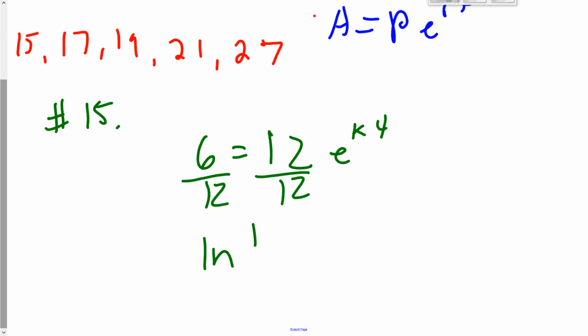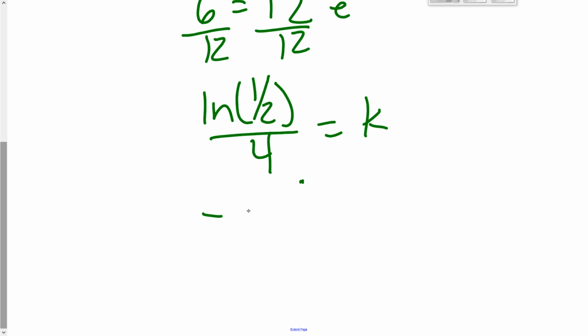Isn't that just going to be ln of 1/2 over our years, which will give us our k? So I type ln 0.5, close the parenthesis, then divide by 4, and we get approximately negative 0.01733. I should get negative because it's a decay. Okay, that's our k.